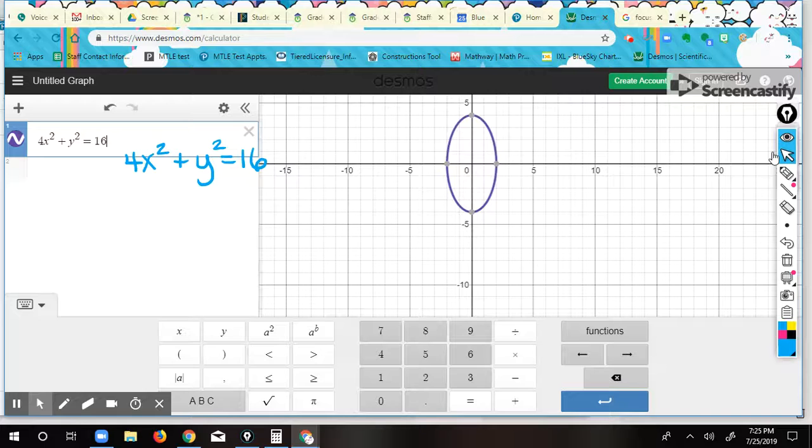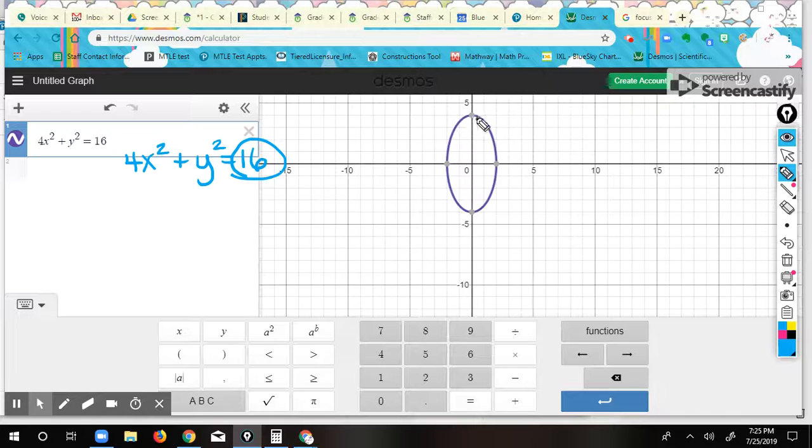Looks like it's got a length on the y-axis here. They just wrote it in a different format. Notice how this is not equal to 1. In order to see the ellipse formula, so you can easily read the information off, that has to be equal to 1. But we have Desmos, so we don't need to do unnecessary math right now.